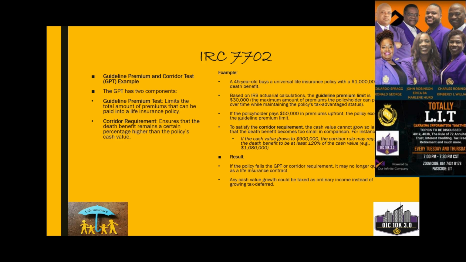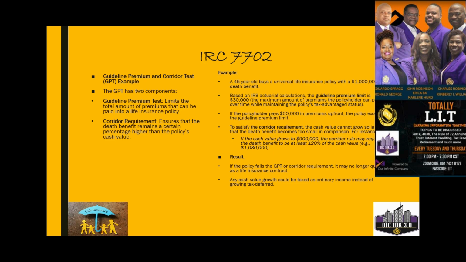But if the policyholder violates it and decides, well, you know what, this year was good, I'm going to put $50,000 in premiums up front in this policy, they exceed the guideline premium limit. And so therefore it will fail and create a taxable situation, and any cash value growth could be taxed as ordinary income tax.